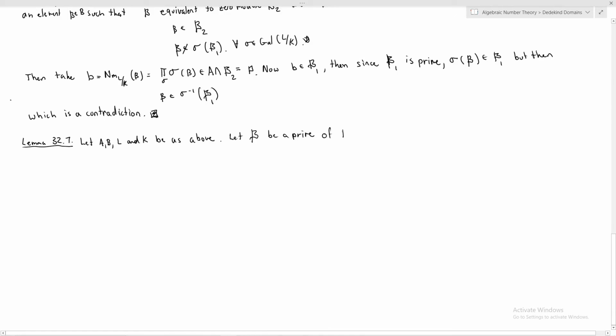Let P be a prime of B over P, a prime of A. Then I'm just going to call F the residue degree of this guy, and E the ramification index.